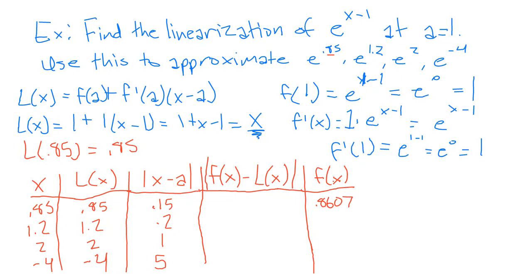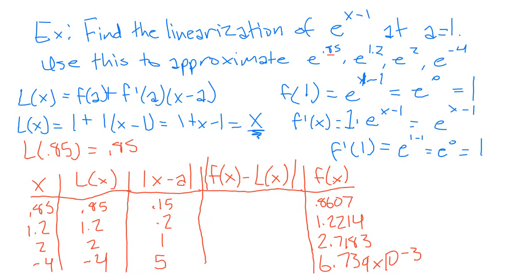Then f of 1.2 is going to be 1.2214. The next value is going to be 2.7183. And lastly, we're going to get 6.739 times 10 to the negative 3.